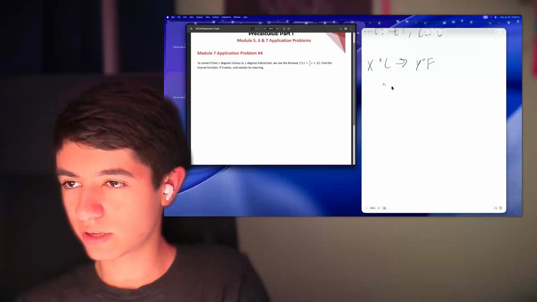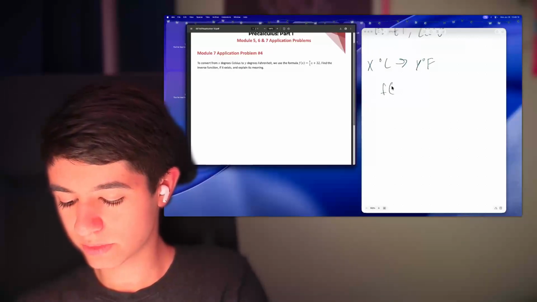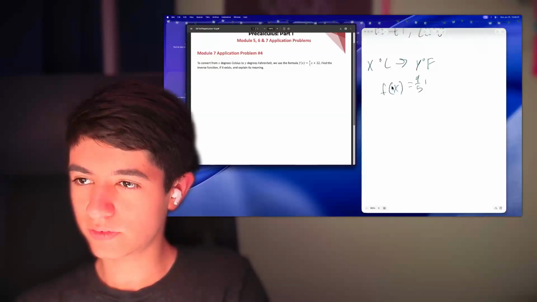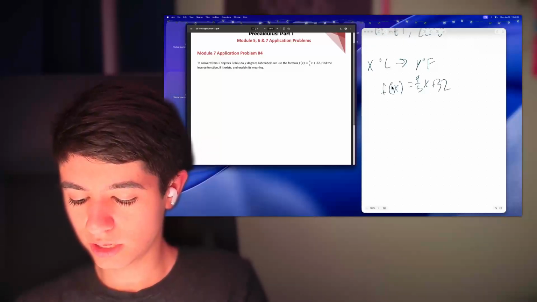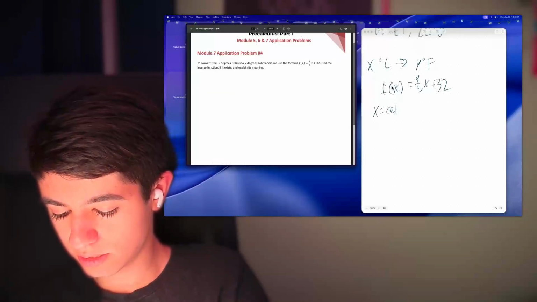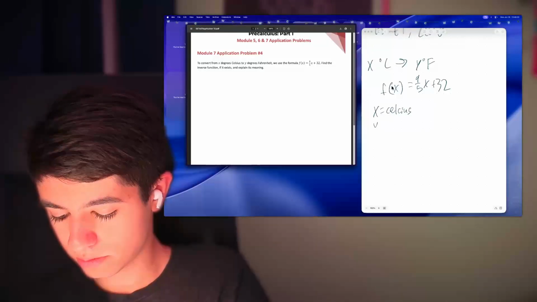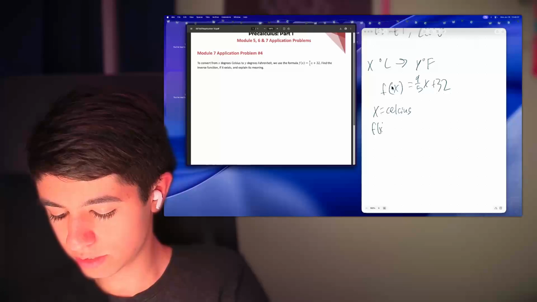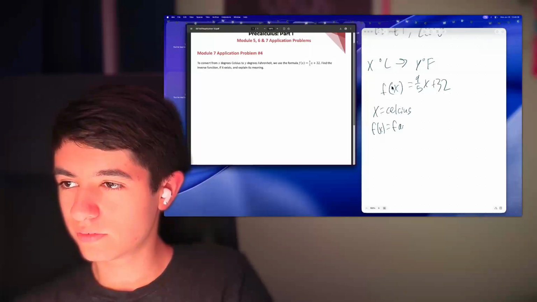We know that the formula is f of x equals 9 over 5x plus 32. So in this case, x is Celsius, and the function of x, f of x, equals Fahrenheit.